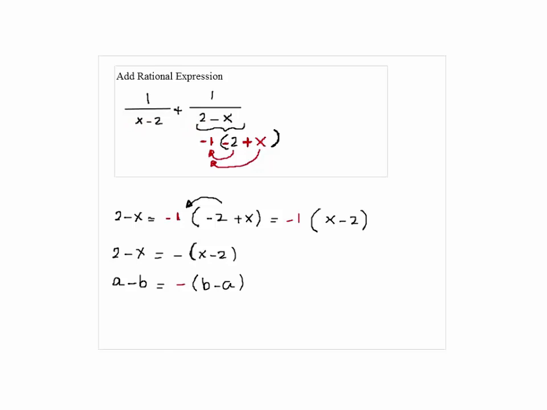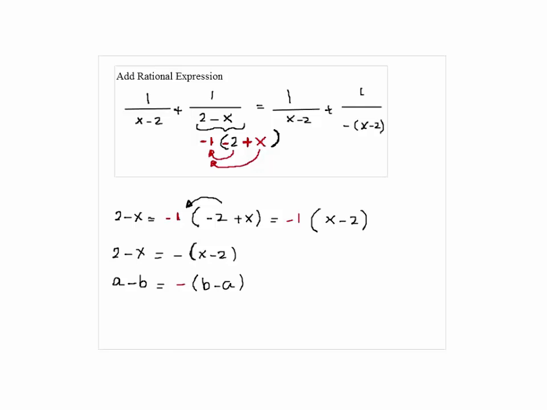So if I want to make this look exactly the same, I can keep the first one as is. Let's write it as 1 over x minus 2. And the second one, I can factor a -1, and I would get minus x minus 2 at the bottom of the fraction here.